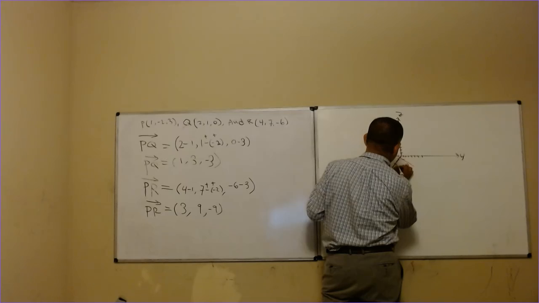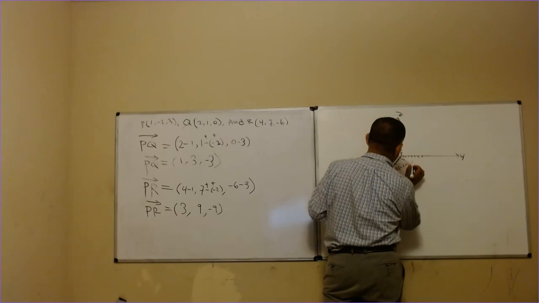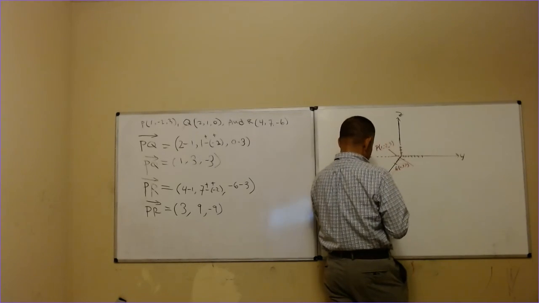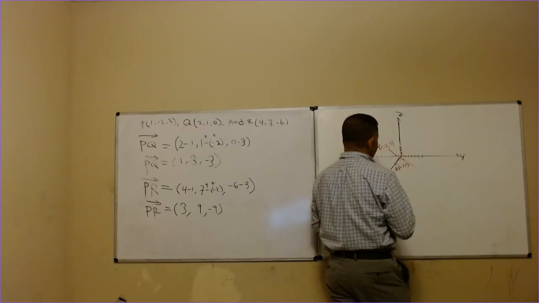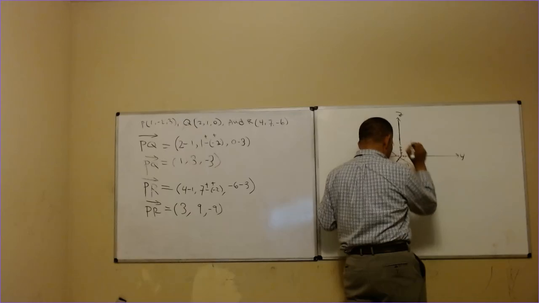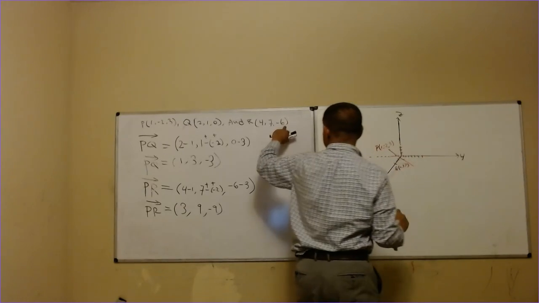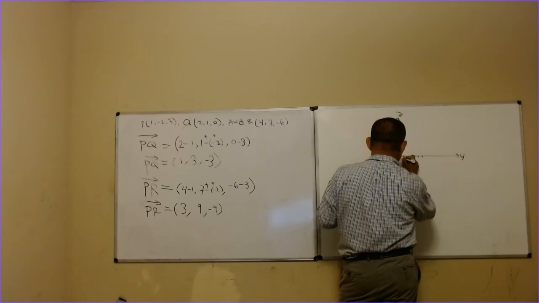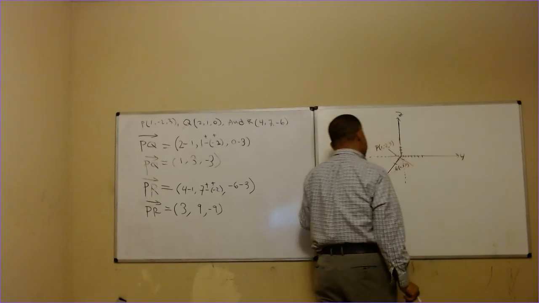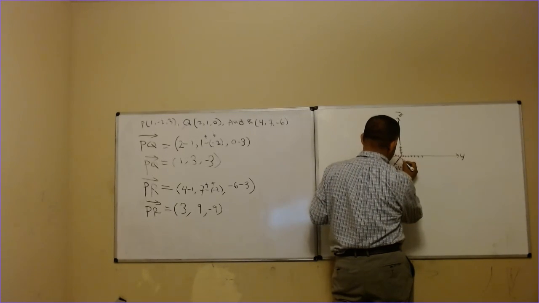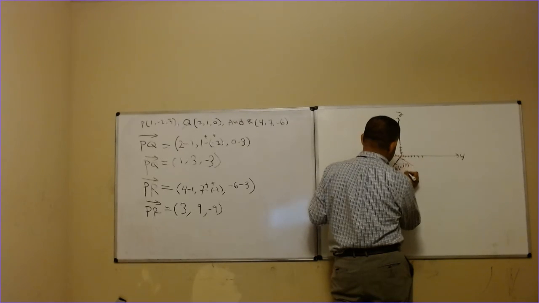Now, from Y equals 7, I have to go down to Z equals negative 6. And remember, this is the Z. So I go 1, 2, 3, 4, 5, 6, approximately here. That would be negative 6.